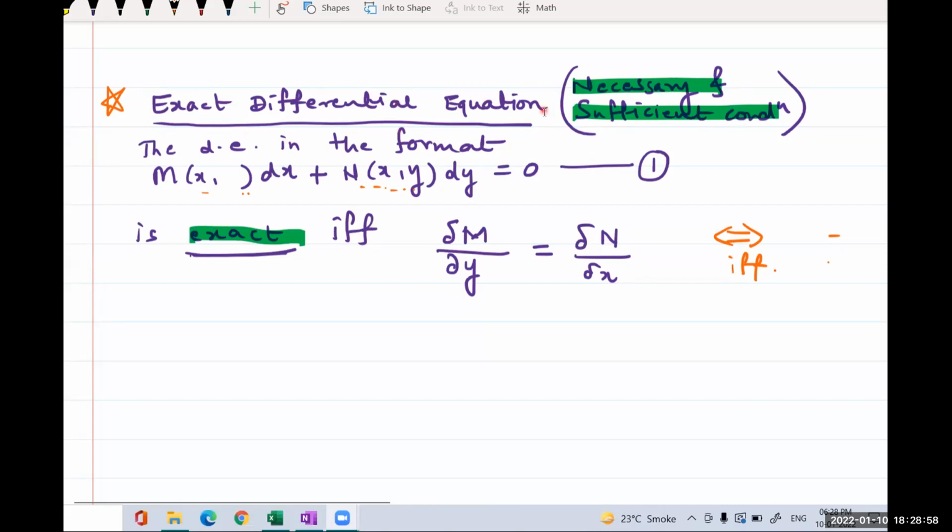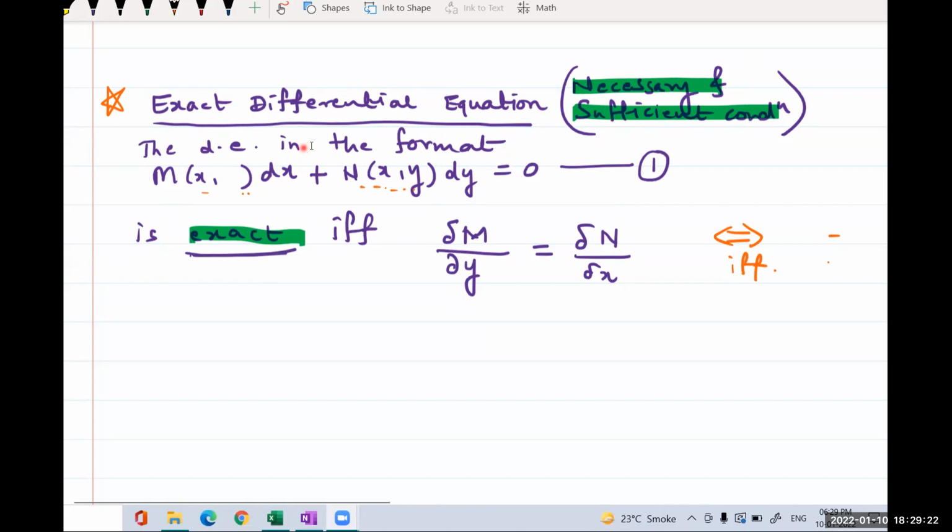Now, exact differential equation. The definition of exact differential equation is a different thing, but what is more useful in solving the MCQs is the necessary and sufficient condition for a differential equation to be exact. For this, we need to know the partial derivatives. Now, what is the necessary and sufficient condition?